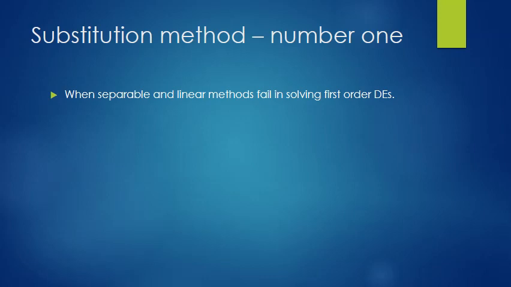But we don't want to create any new ones. We want to find a substitution that turns them into a separable or linear differential equation. So these types of differential equations are usually considered to be nonlinear types of differential equations.